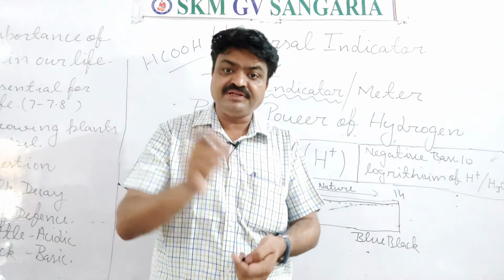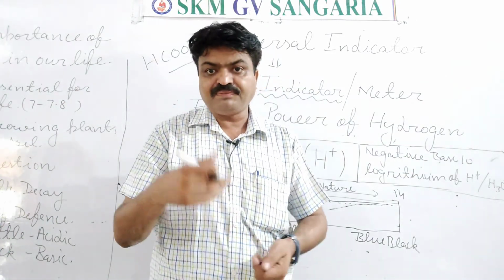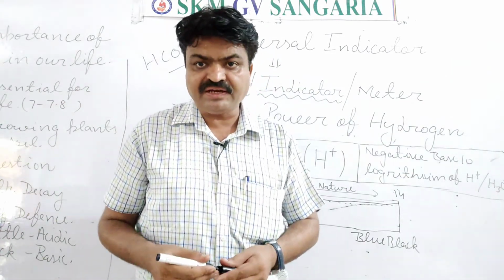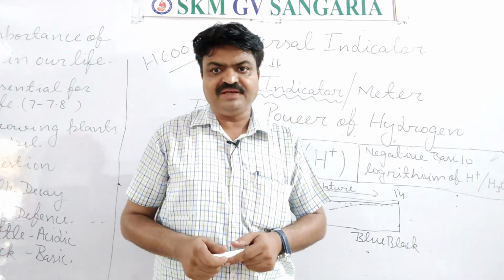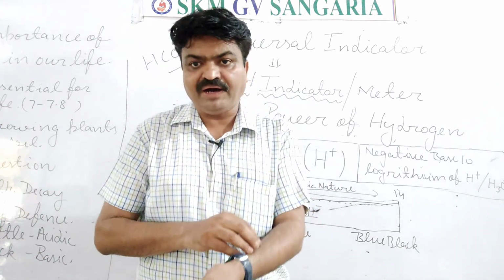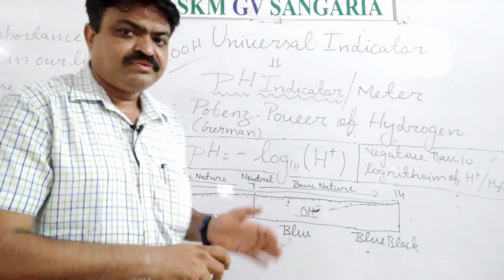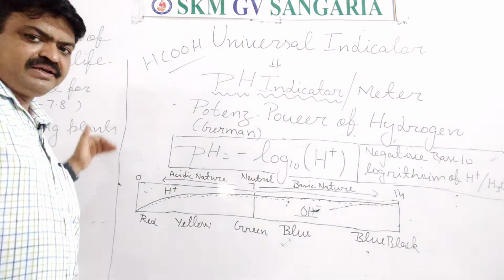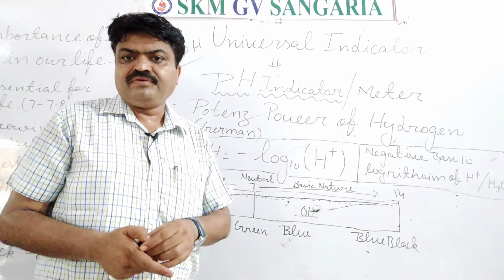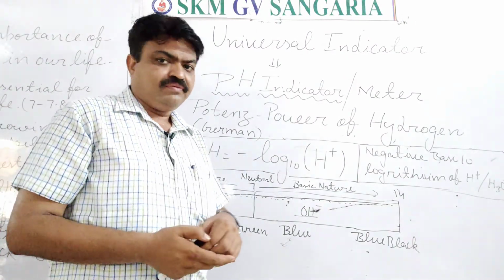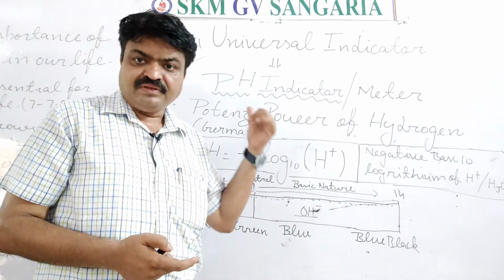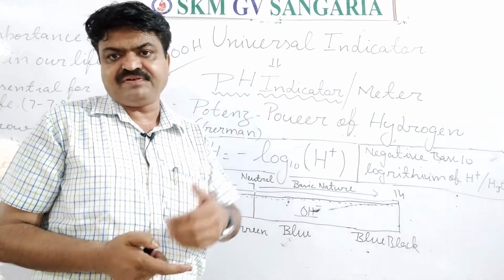We should use paste on that part, because the soap and the paste contain a base by which that particular part is neutralized. So some animals like the bee or ant use methanoic acid as self-defense.